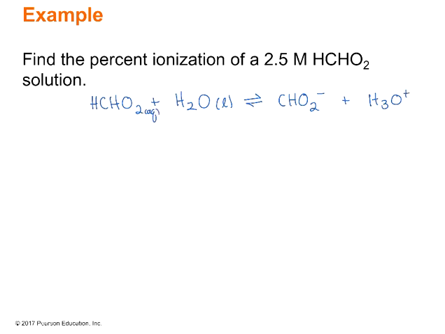And then I'm just going to add in the states here. Okay, and then we're going to use this equation to write out an ice table. And just like last time, I'm going to separate my reactant from my products.